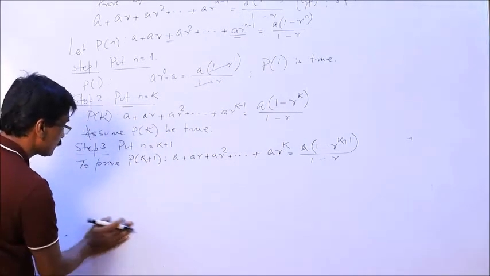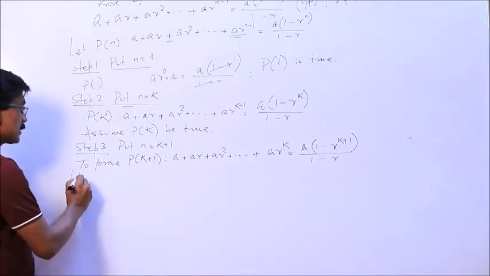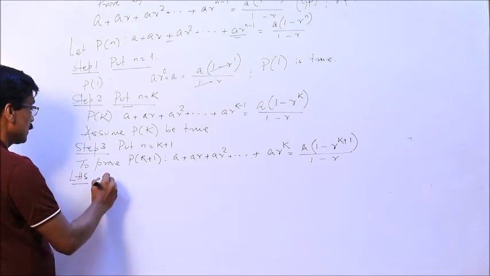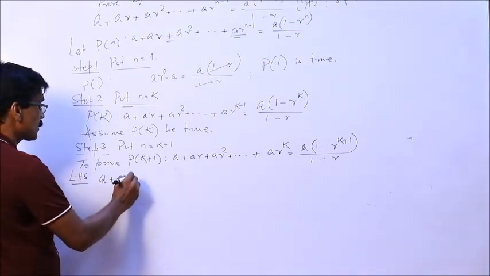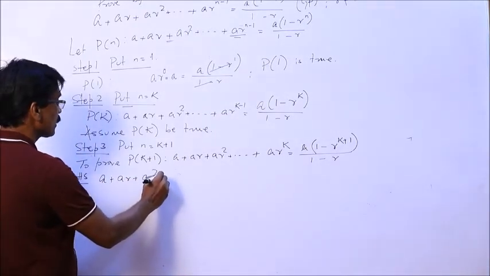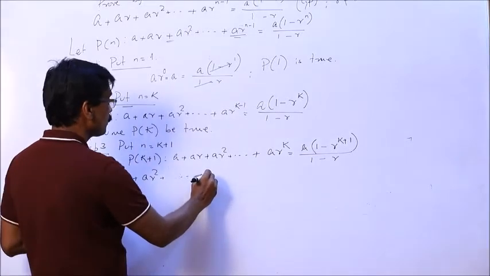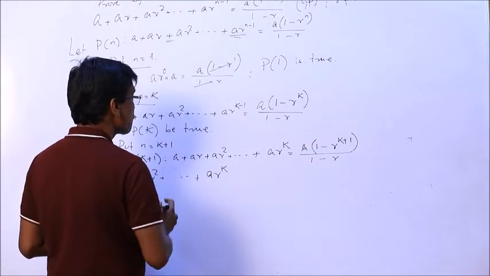So, we start from LHS, that is a plus ar plus ar square up to a r to the power k.